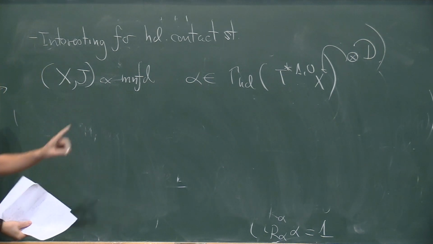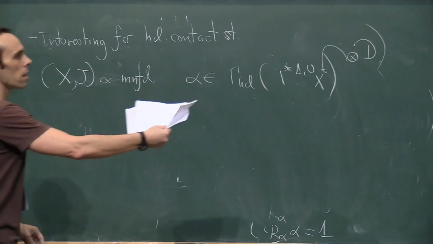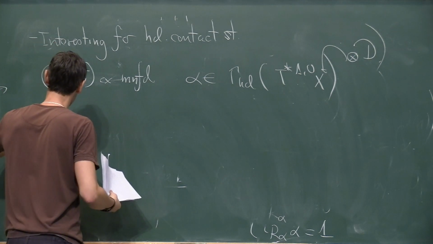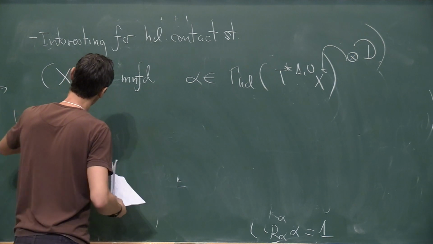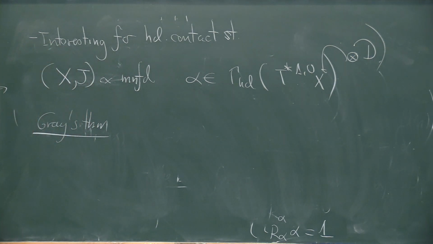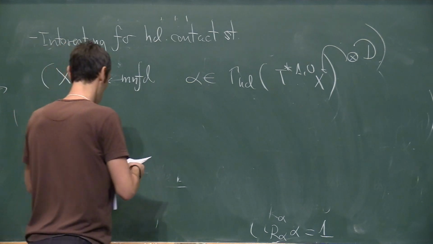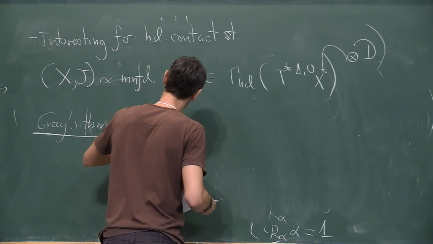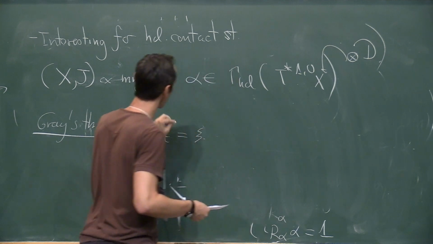I want to finish the story about Gray's theorem. How do you prove Gray's theorem? How do you apply Moser's method to build, out of a path of contact structures, an isotopy that produces the path? That's the problem you want to solve.